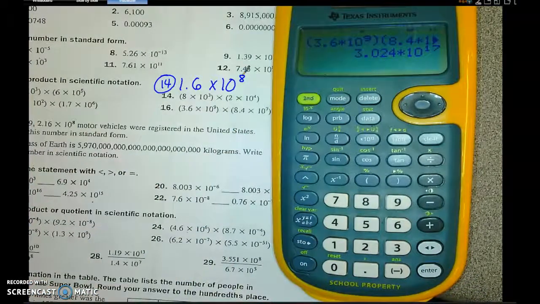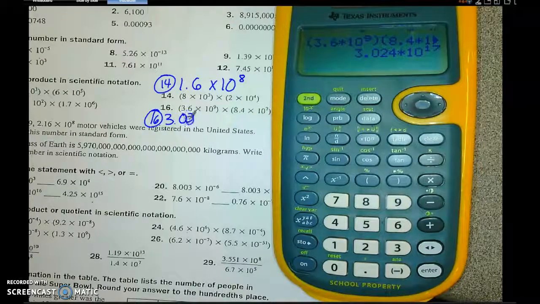And so there's an answer for number 16. So for number 16, 3.024 times 10 to the 17th. And so that is how we're multiplying.